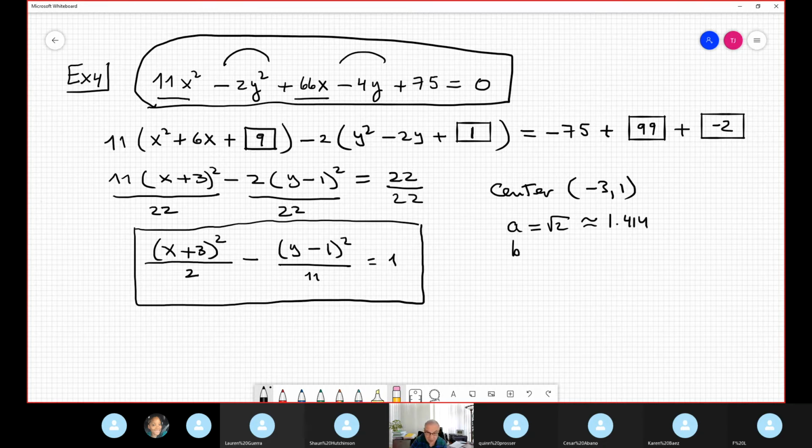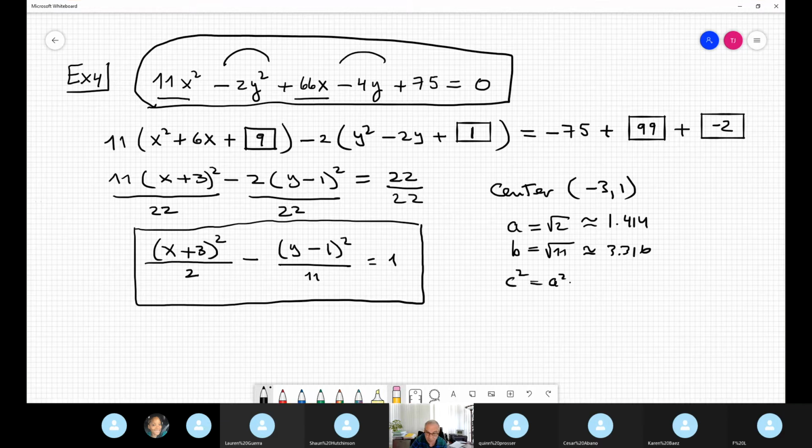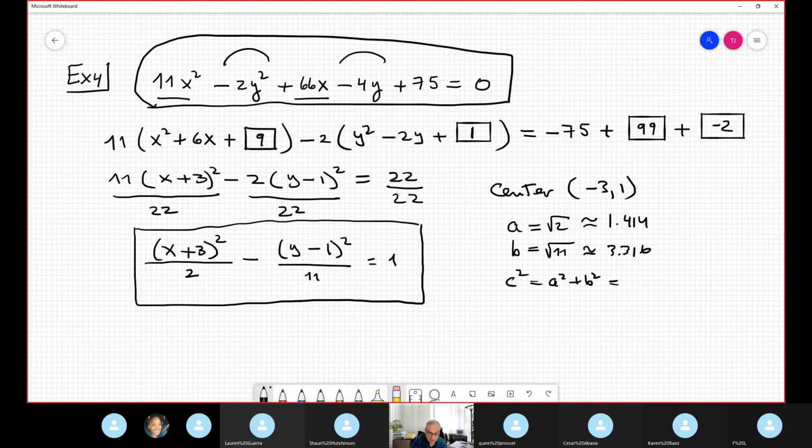And B is radical 11, and in decimal is 3.316. And C squared is A squared plus B squared. Okay, 2 plus 11 is 13. Wow, everything is weird in this example. Now C alone is the square root of 13, approximately 3.605.